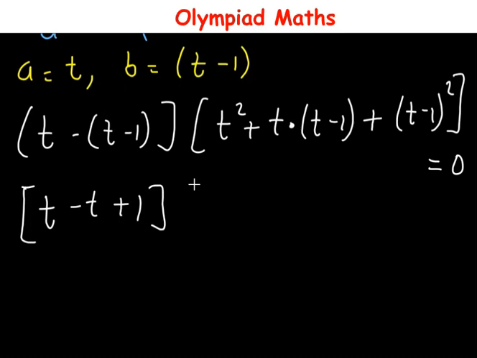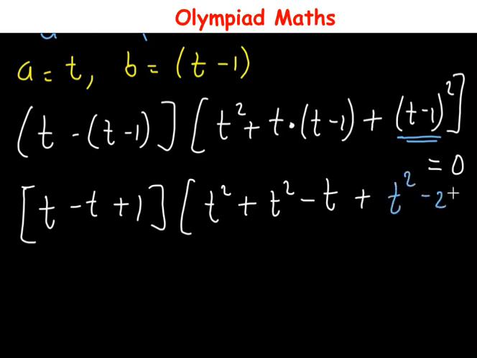Then multiplied by t^2 + t(t − 1) + (t − 1)^2, where (t − 1)^2 is simply t^2 − 2t + 1. All of this is equal to 0.